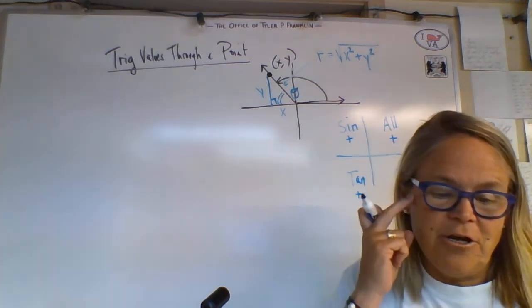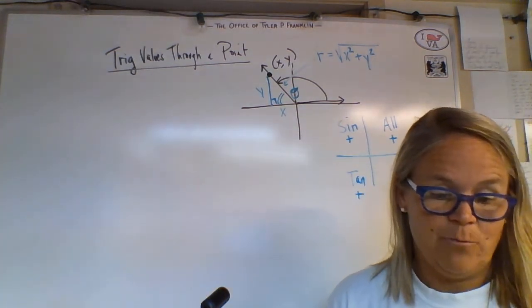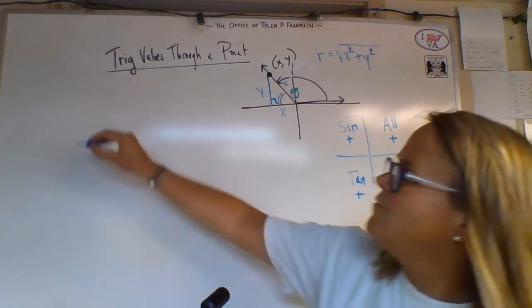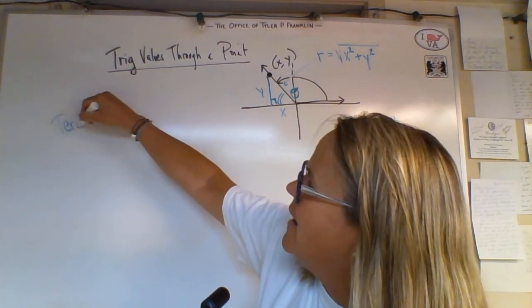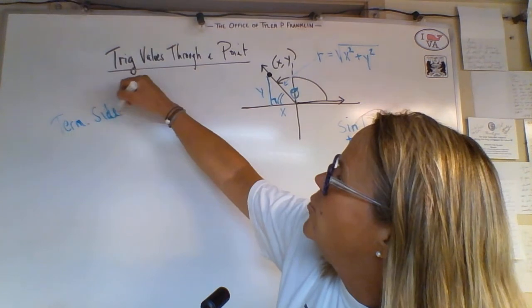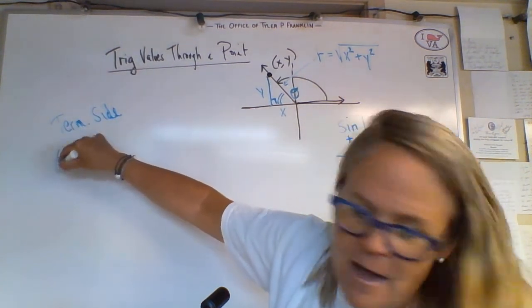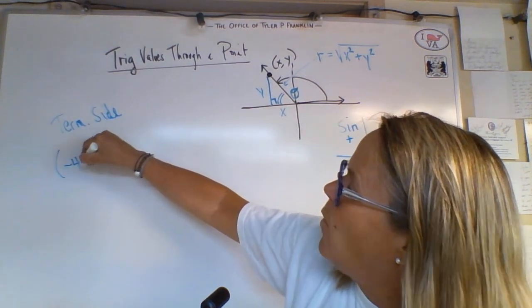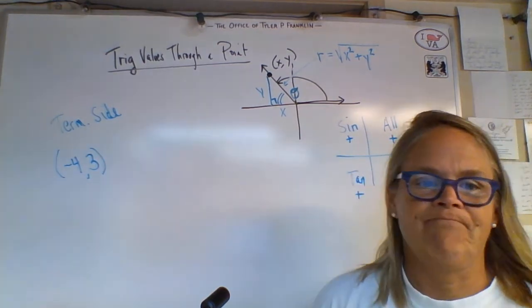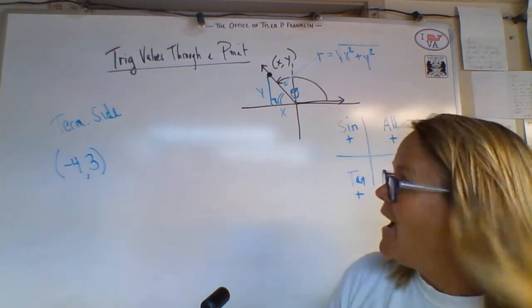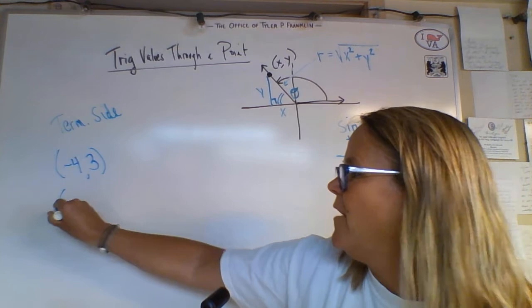The question you're going to be given is this: I tell you that you have a terminal side that goes through (-4, 3), and I say find the six trig functions.